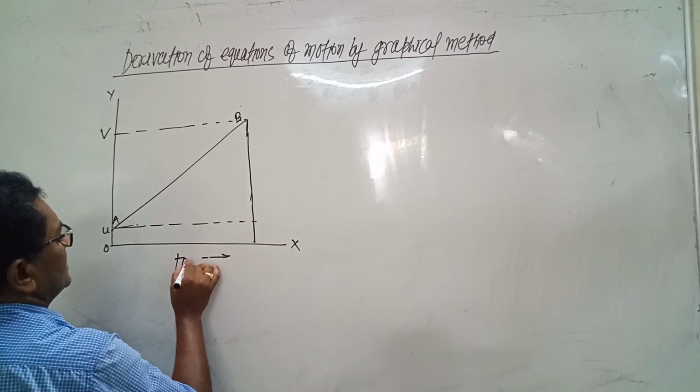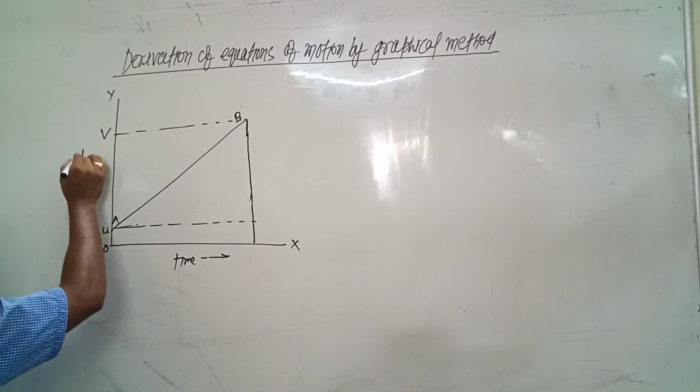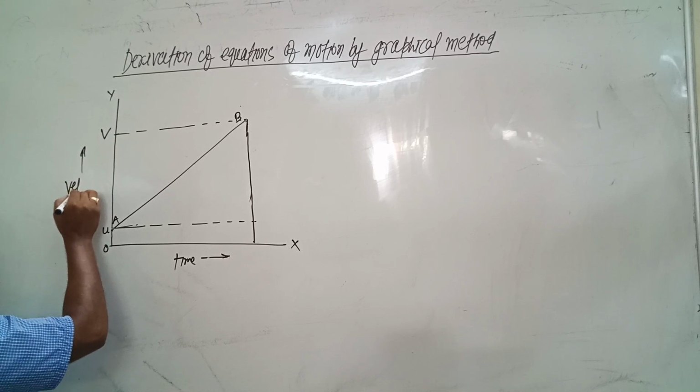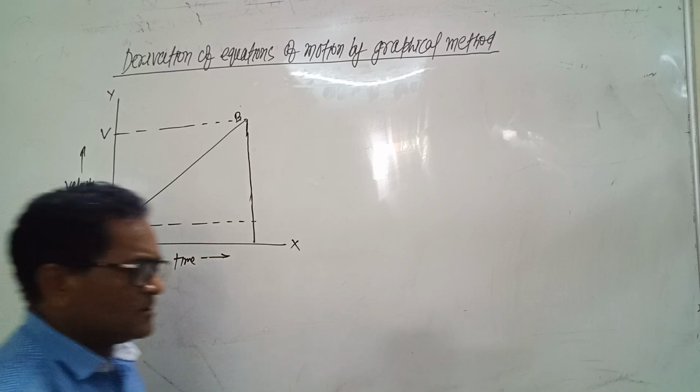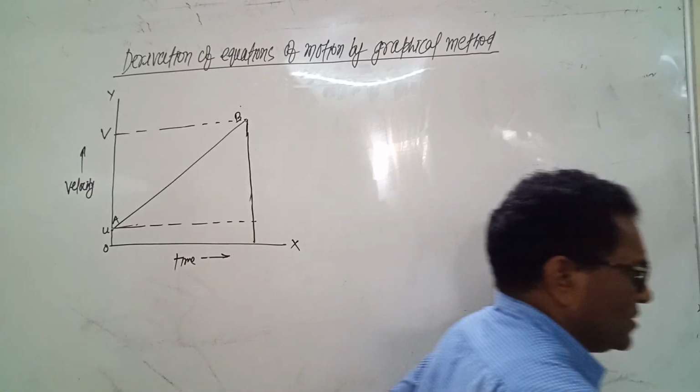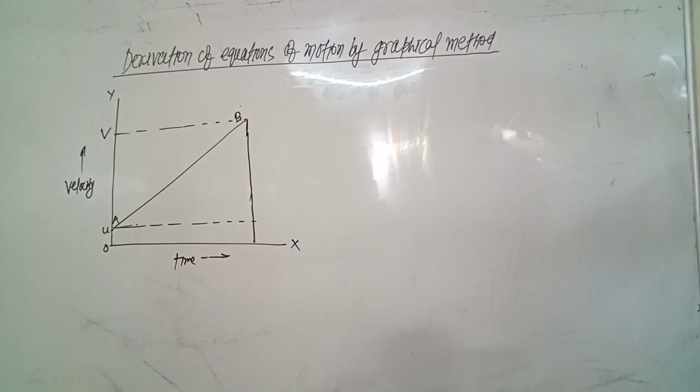This is the time axis and this is the velocity axis. So this is the graph of uniformly accelerated motion. The body is moving with uniform acceleration.